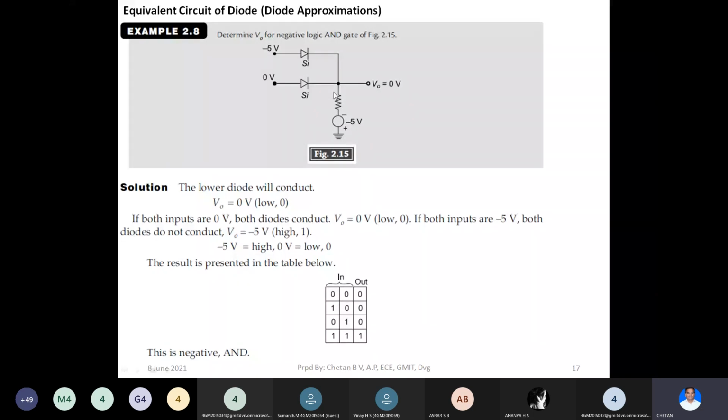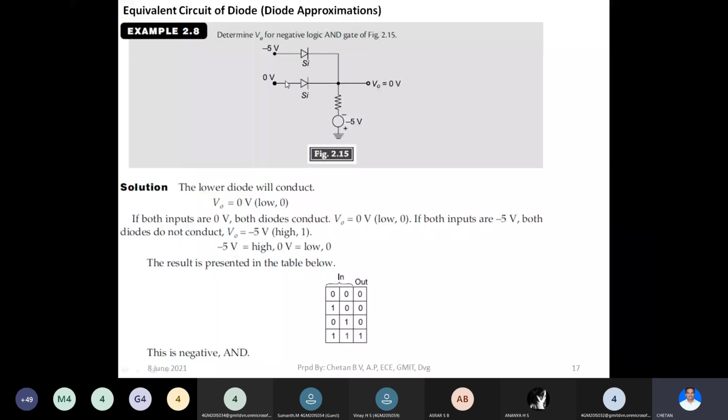As the negative terminal is connected to the cathode and the positive terminal is grounded, minus 5 is mentioned here. Suppose the case is reverse: if the positive terminal is used for connection and the negative terminal is grounded, then it would be plus 5, right? Now the positive terminal is grounded, therefore it is minus 5. So this end is connected to minus 5.